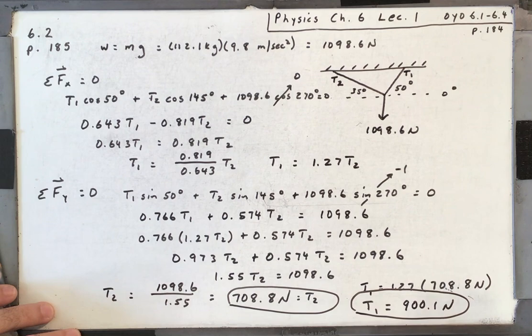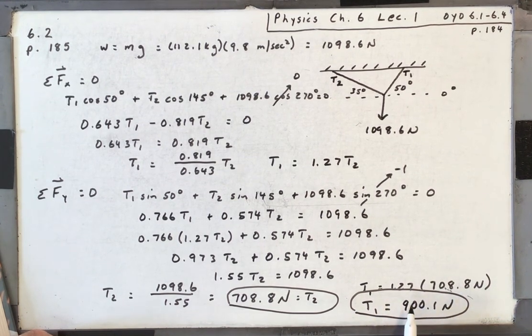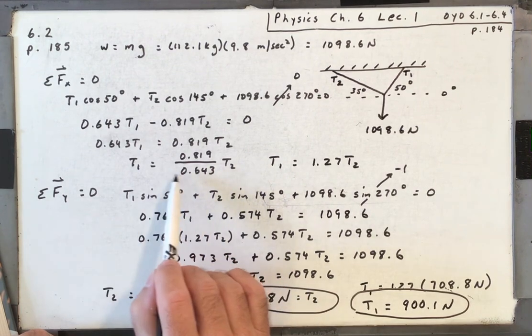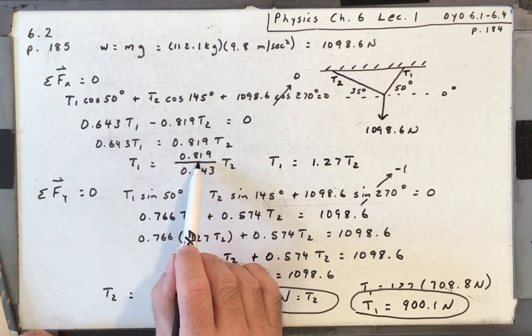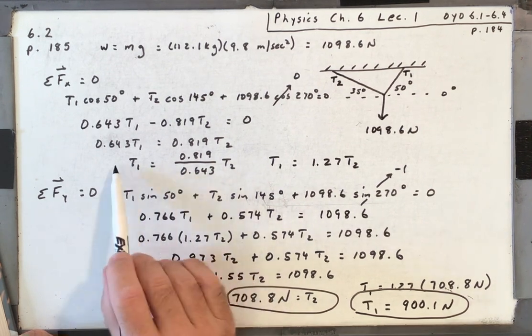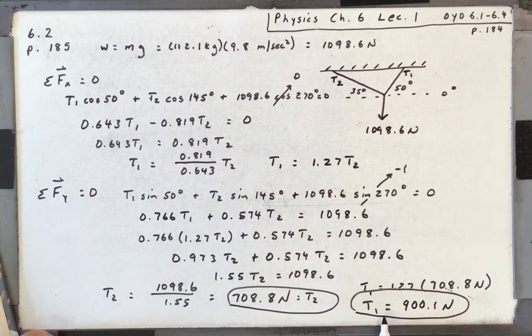Now I could have done it the other way. I could have solved for T2 is equal to 0.643 over 0.819, right? And I'd have a relationship of something equals T2 there. And your first answer you would have gotten would be T1 at 900.1 newtons, and then you would have plugged in to get T2. But you get the same answer.